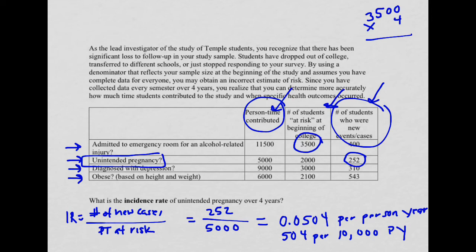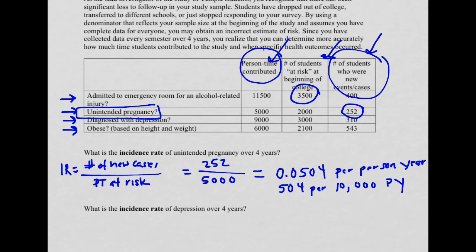We could keep multiplying out. We can say 5,040 per 100,000 person years. These are just multiples of 10. So perhaps an easier way for people to understand this is that there were 504 unintended pregnancies per 10,000 persons, or in this case women, per year.